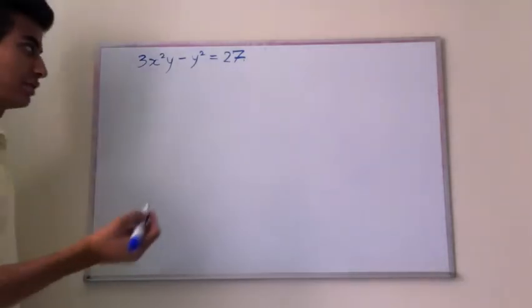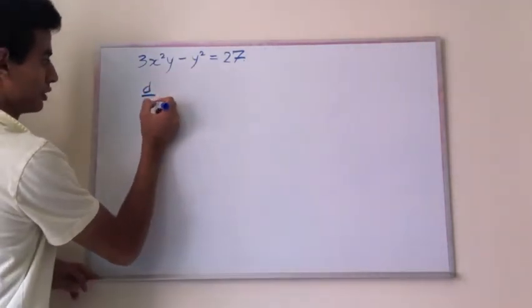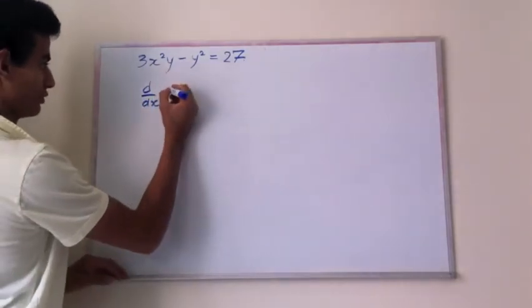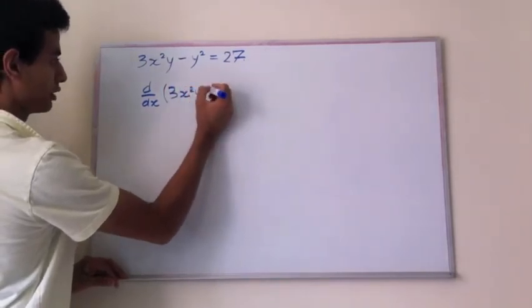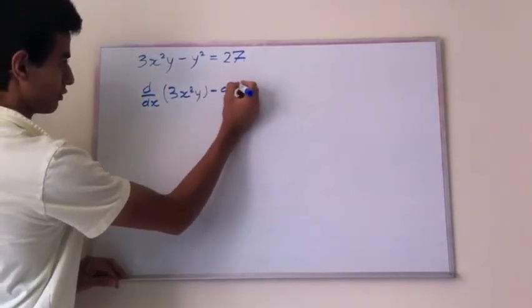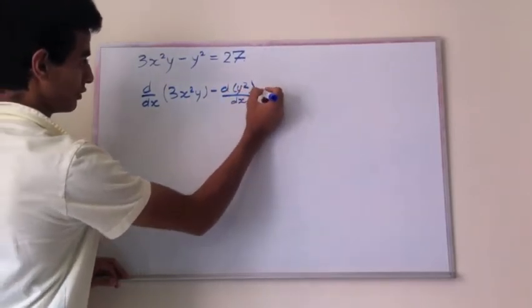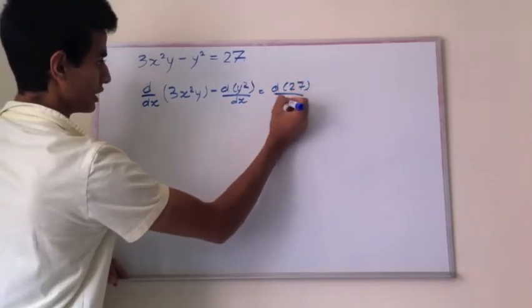Well, we can apply the derivative operator to everything. So the derivative of 3x squared y minus the derivative of y squared equals the derivative of 27, with respect to x.